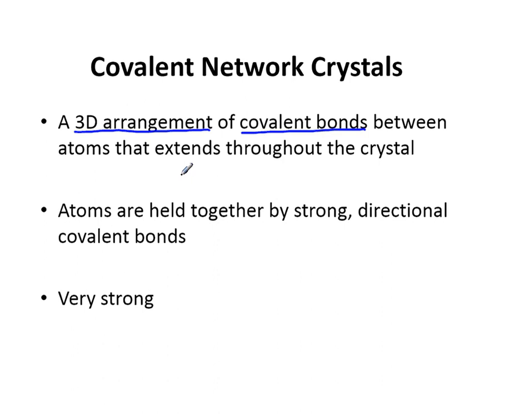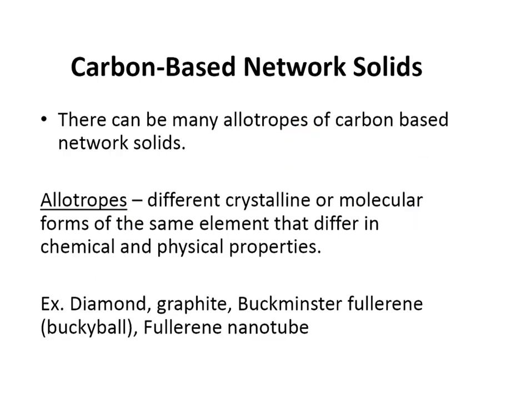And it extends in kind of a repeating pattern throughout the whole crystal. And this makes the atoms held together by very, very, very strong covalent bonds that have some kind of direction to them. These are stronger than most other types of crystals that are there.